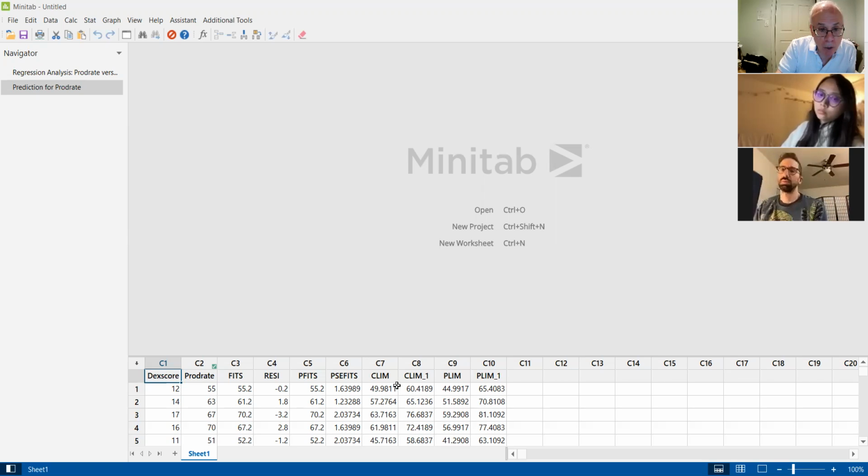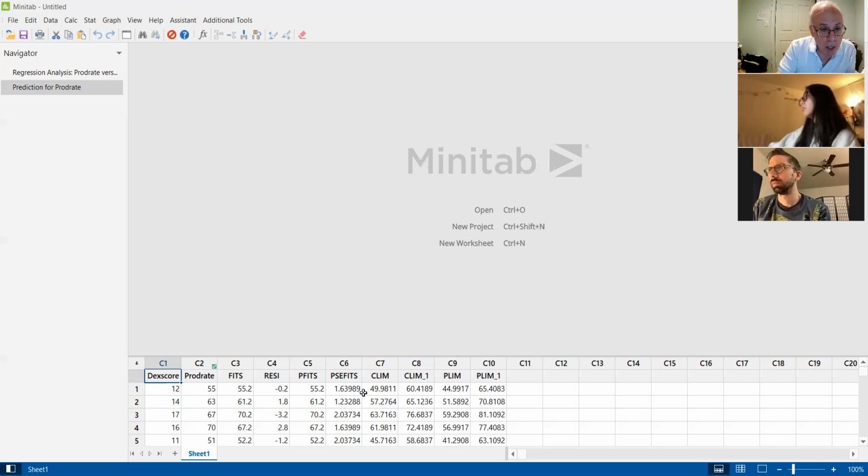How do we know what this PSE fits is? Would that be the standard error? I don't think so, right? The first line here says 1.63989. That can't be the margin of error for sure, right?